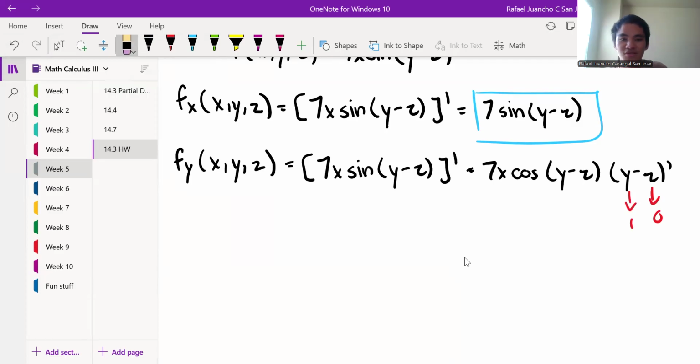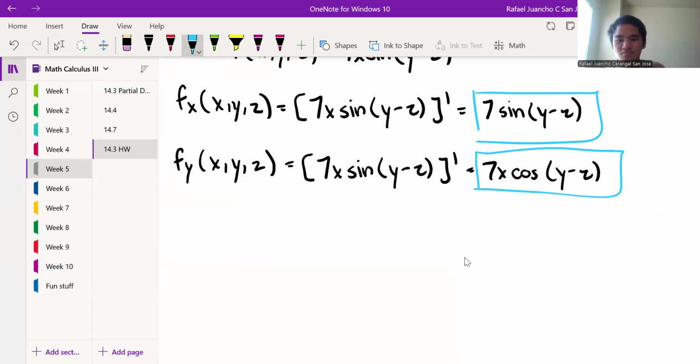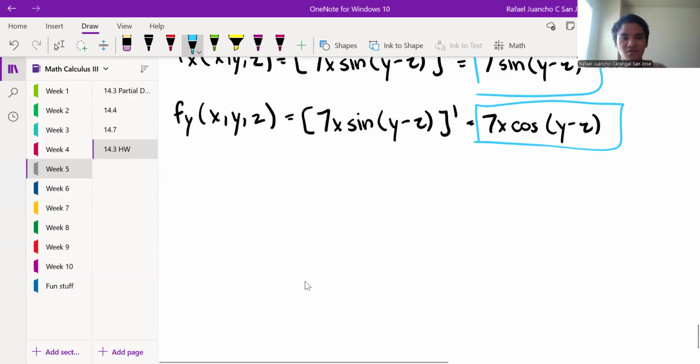So 1 minus 0, that's 1. And so I'm actually just left with this. So that's it. Right? So this is 7x cosine y minus z. And lastly, for my z, well, I just do the same thing.